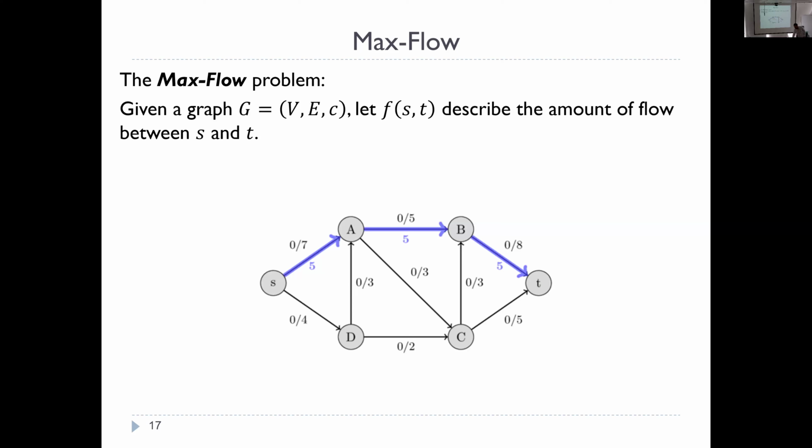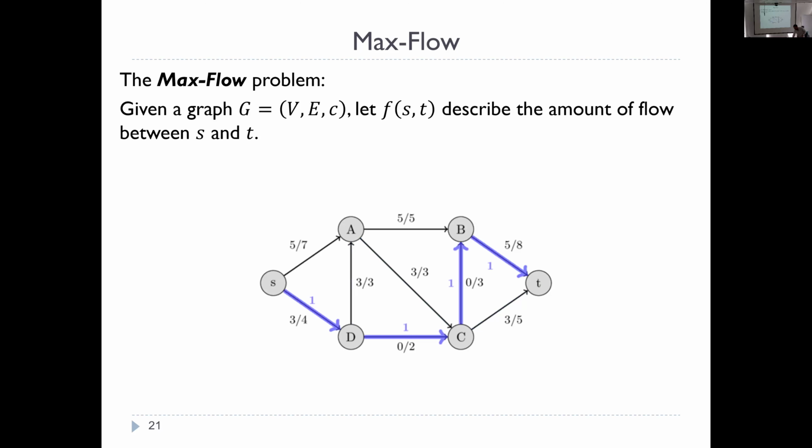And then after we ship this flow, we update the capacities. So the edge from A to B is now fully saturated. We cannot ship more flow along that edge, but the edge from S to A, we can ship 2 more units along that edge, right? And so we keep shipping flow along paths.